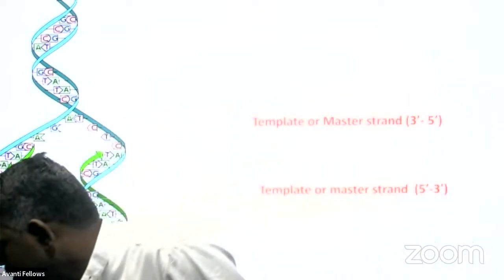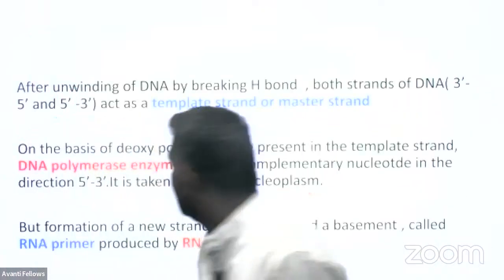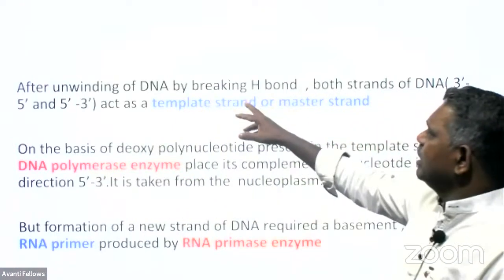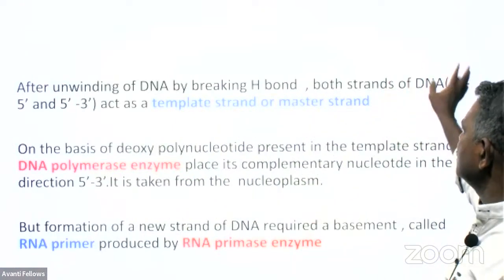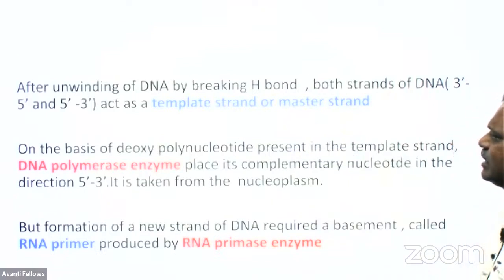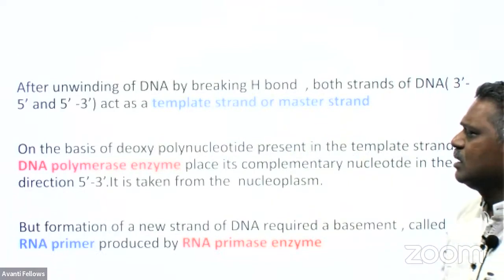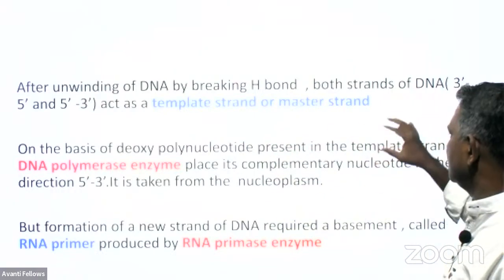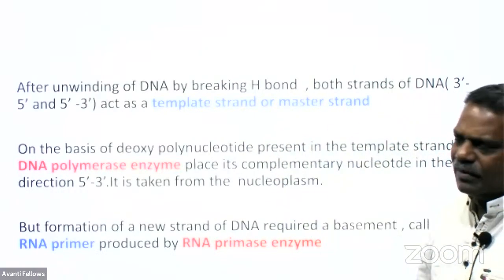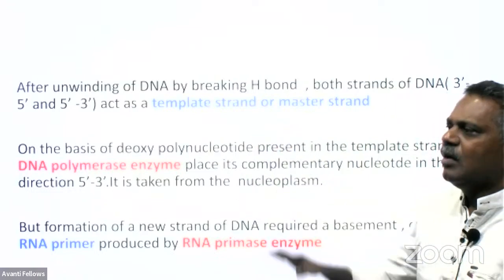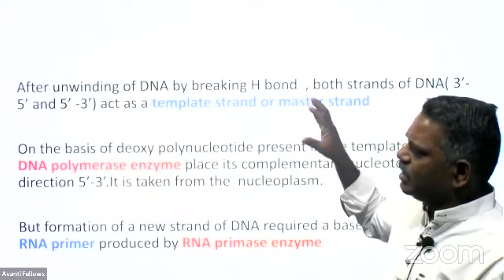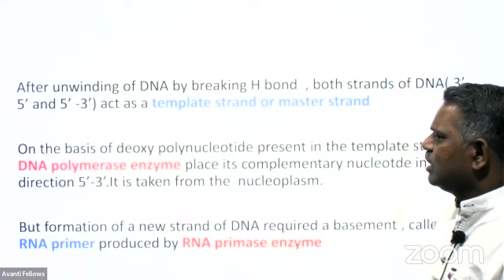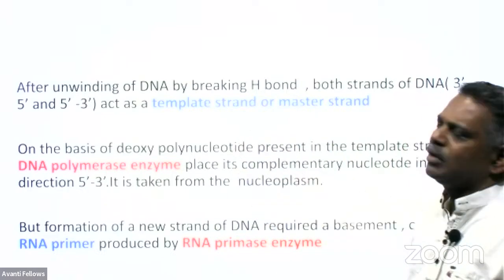Right. So after unwinding the DNA by breaking the hydrogen bond, both strands of the DNA act as a template or master strand. On the basis of the deoxynucleotides present in the template, suppose it contains A or T or G or C, that is the deoxynucleotide.